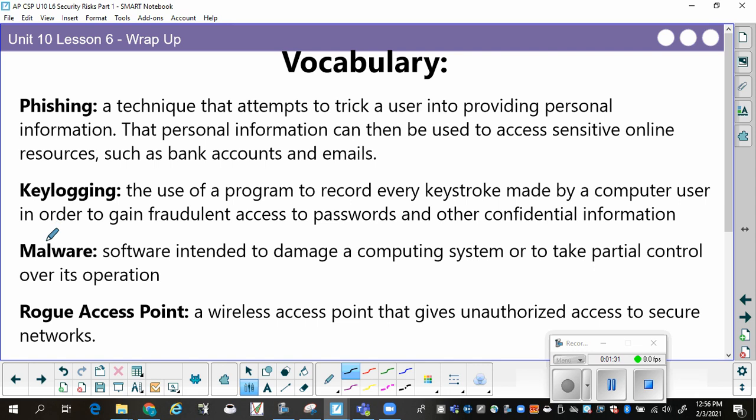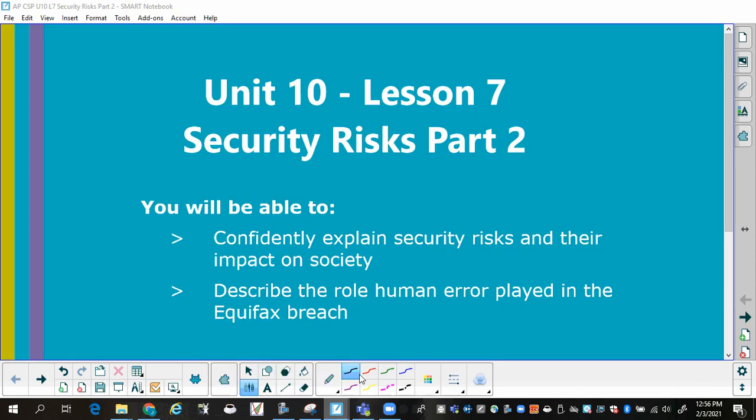Malware is software intended to damage a computing system or to take control over its operation. A rogue access point is a wireless access point that gives unauthorized access to a secure network. These were the security issues we looked at last time.